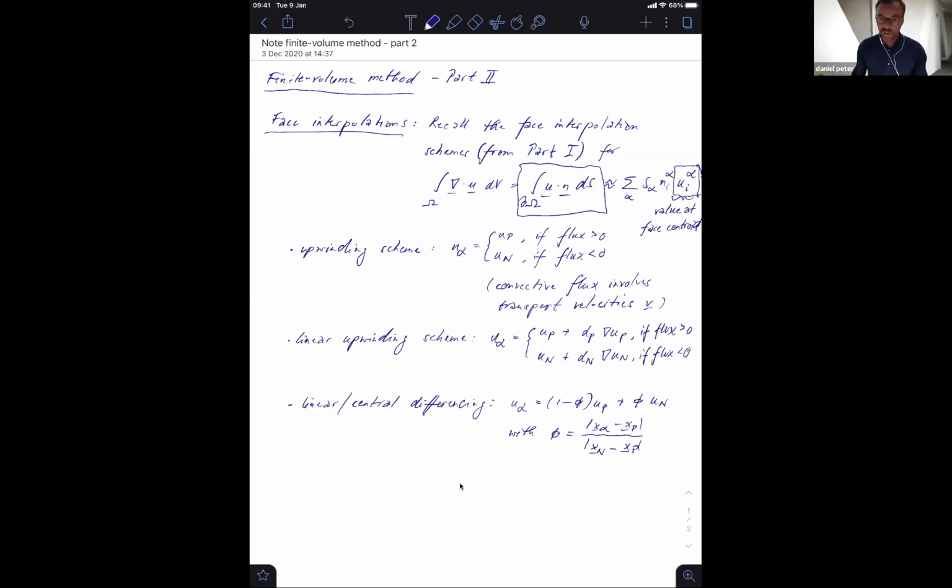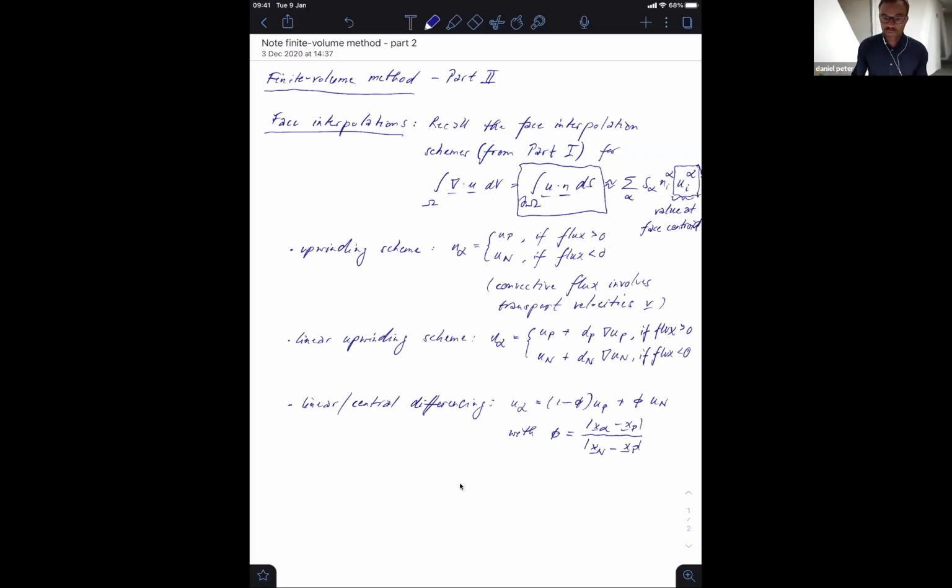So we interpolate then from the neighbor, centroid N, and again use this linear interpolation, given we know what the gradient would be in that cell. And D here, that would be the distance between the phase centroid and the cell centroid. So it's a linear interpolation. But the point here with the linear upwinding scheme is you only use your local information from one cell. You don't need neighboring cell information at this point. But you need to figure out what the gradient would be, for example.